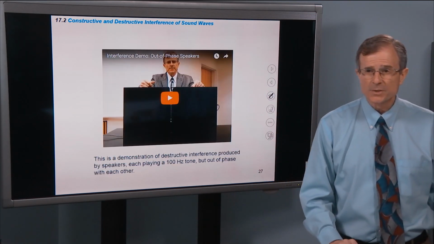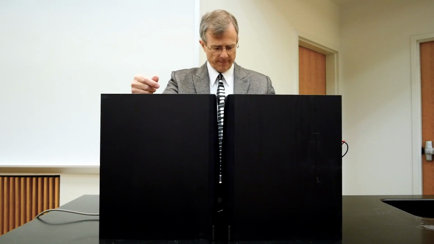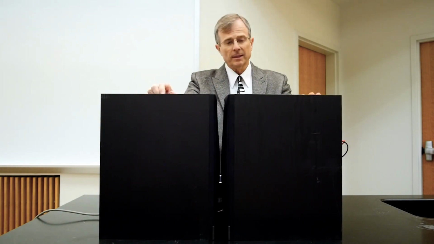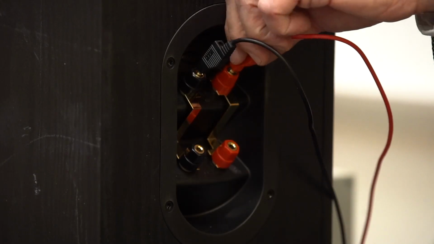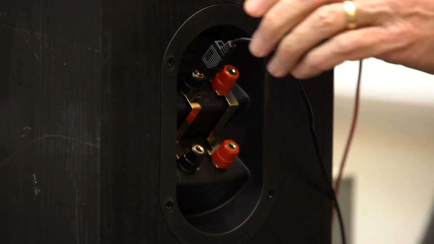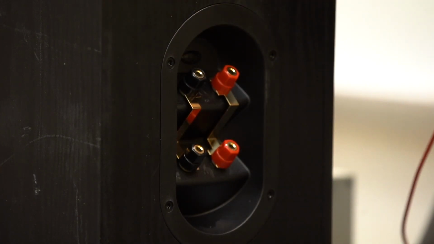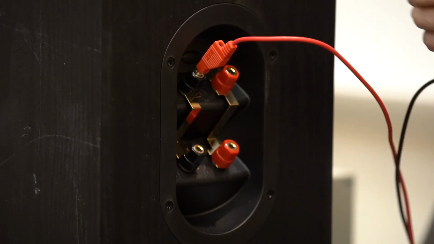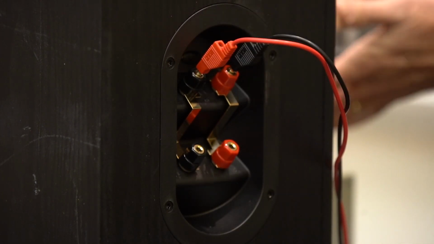And here's a demonstration of that. This is a 100 hertz sound, 100 cycles per second. That is produced with these two speakers oscillating in phase. So if you instead connect them up wrong, and you connect the red to the black, and the black to the red, with no change to the signal, then you get a much softer sound.